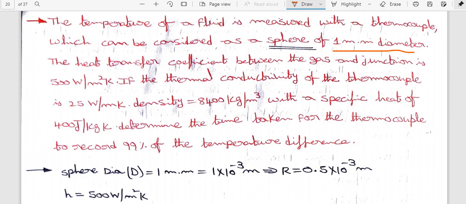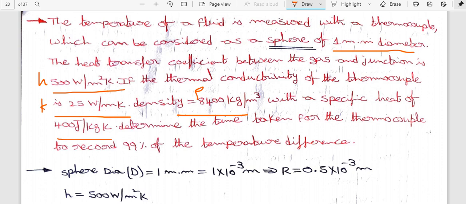The heat transfer coefficient between the gas and the junction is 500. This is the H value, 500 watt per meter square Kelvin. If the thermal conductivity of the thermocouple is 25 watt per meter Kelvin, this is the K value, and density is rho, 8400 kg per meter cube, with specific heat of 400 joule per kg Kelvin.